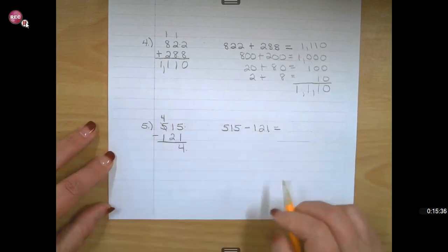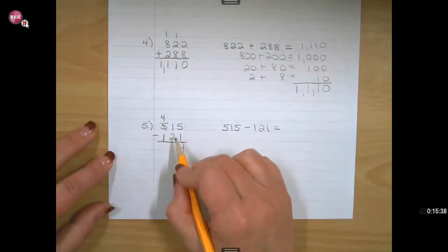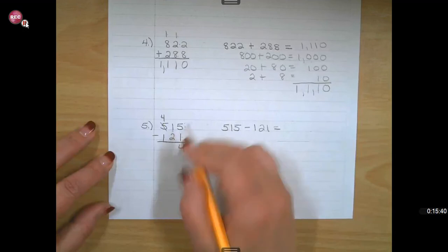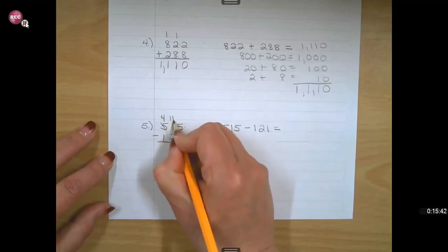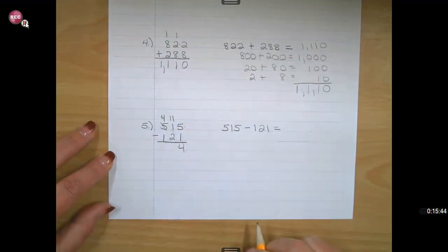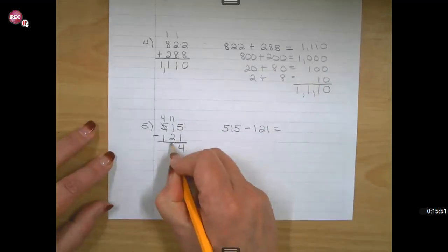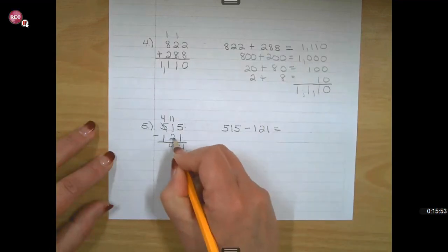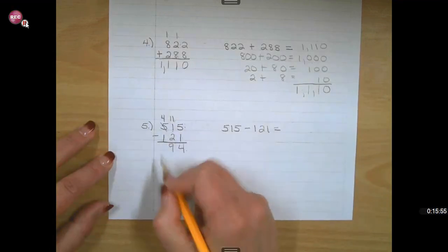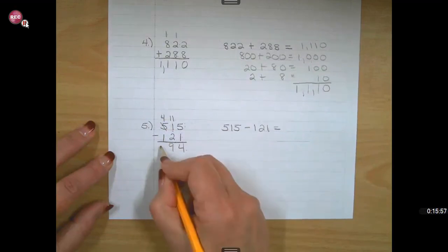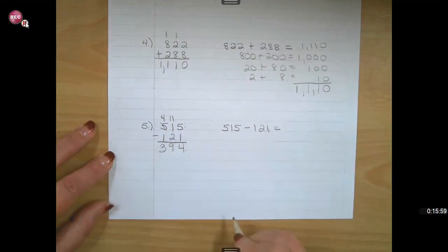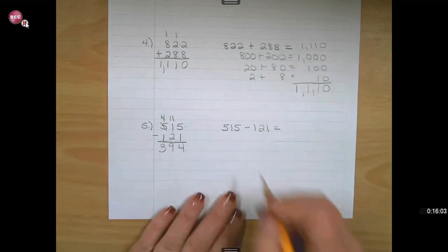And once we borrow, we can take those 10 tens and add it to this one more 10 to make 110 or 11 tens. Now we're going to take those 11 tens and subtract 2 tens, and that's going to leave us with 9, because 90 plus 20 is 110, and 400 minus 100 is 300. 394.